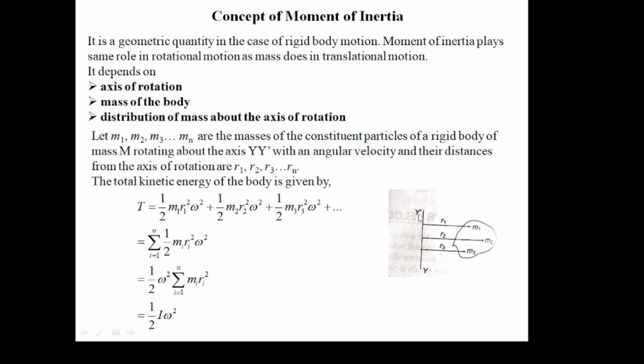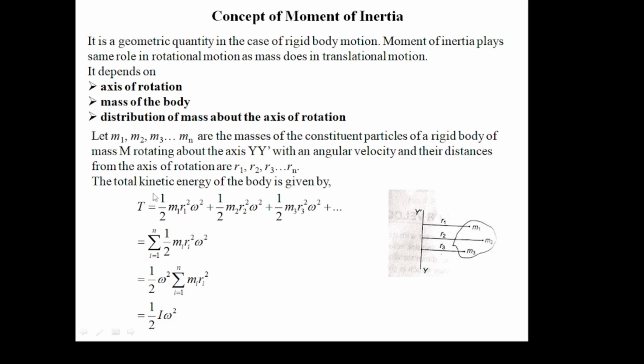Here y prime is the fixed axis, and the masses of the rigid body are m1, m2 and m3, and the total mass is capital M. The distances between the fixed axis and m1, m2, m3 are r1, r2, r3 and so on.